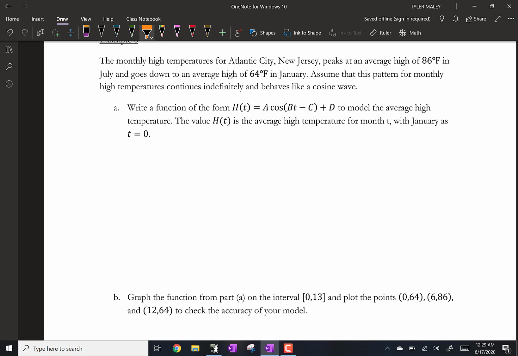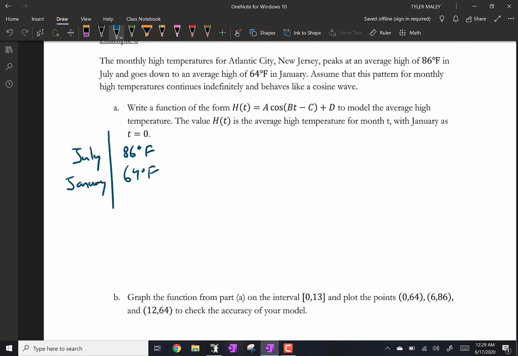What we know is that in July we have 86 degrees Fahrenheit, and in January we have 64 degrees Fahrenheit.